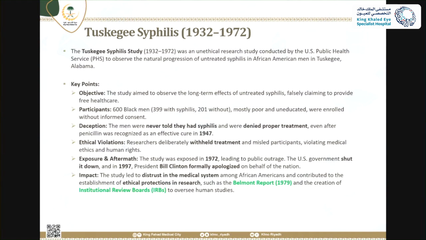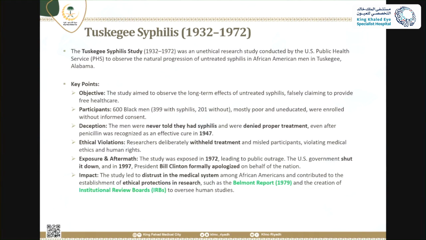You get the point? In 1947, penicillin became effective to treat infectious diseases. So they continued this study until 1972, when this was discovered, and there was big news in the media about this trial.